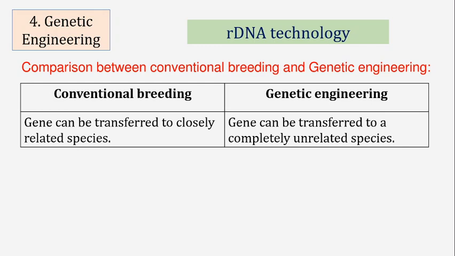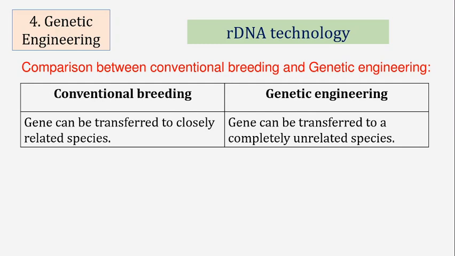That is not possible, because in that case the pollen cell or the sperm will get rejected by the other species, or by the ovum of the other species. They reject it when they see that the chromosome number and structure are not compatible. They reject it, so it is not possible.